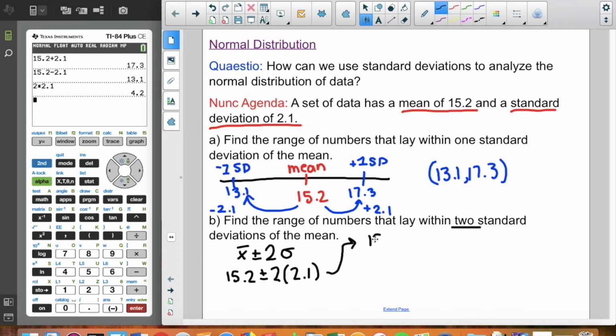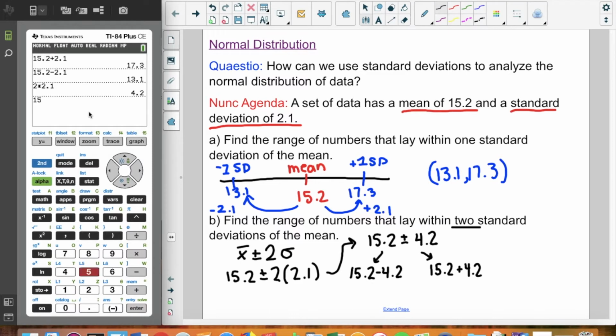We have 15.2 plus or minus 4.2. To get the actual range, we split this up into 15.2 minus 4.2 and 15.2 plus 4.2.